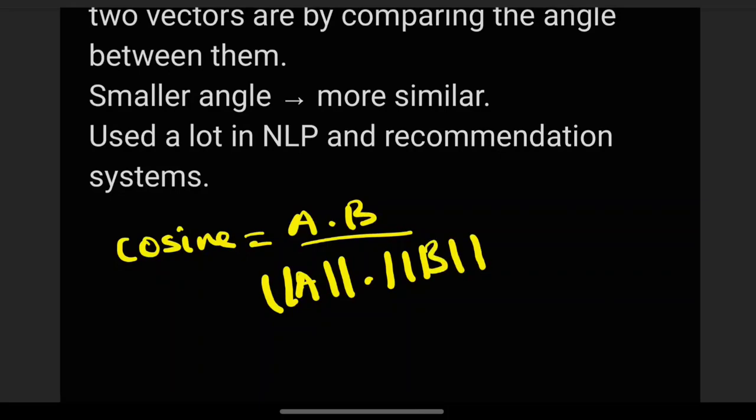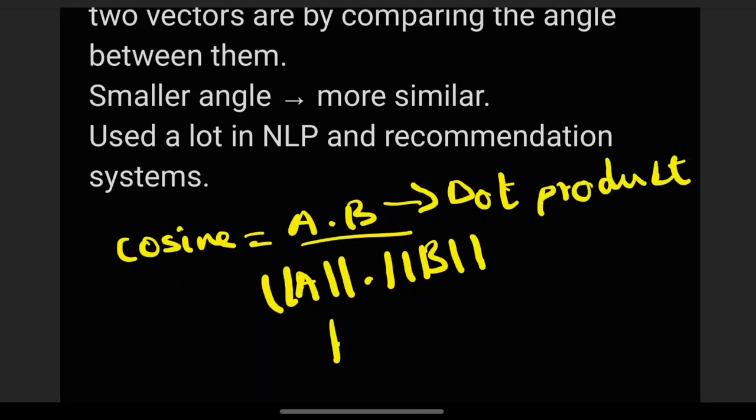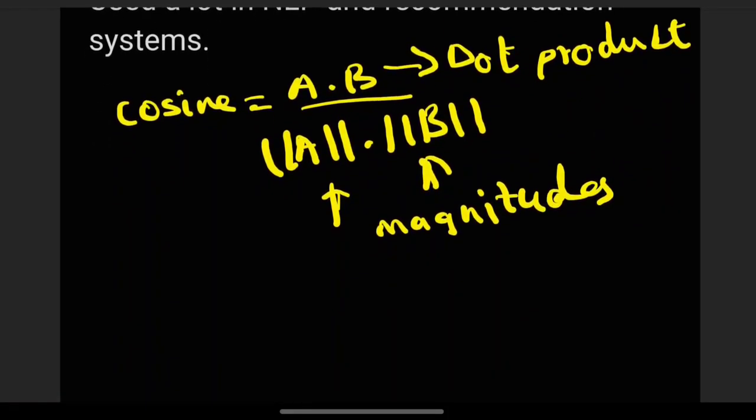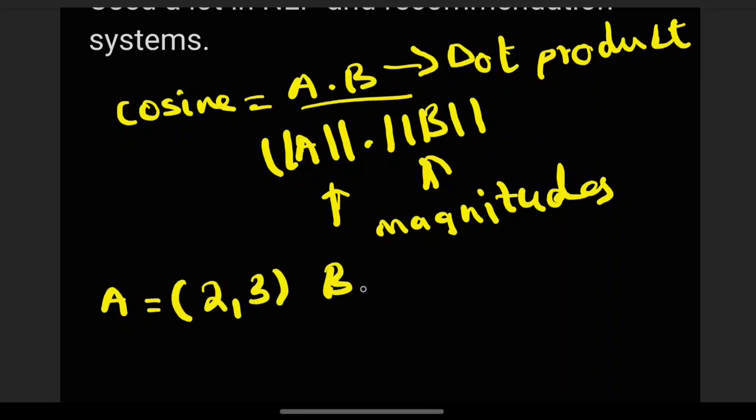So let us go with an example. A dot B is the dot product, and the magnitudes of A and B are in the denominator. Okay, this you need to remember. For example, I have two vectors, A equals 2 comma 3 and B equals 4 comma 6.